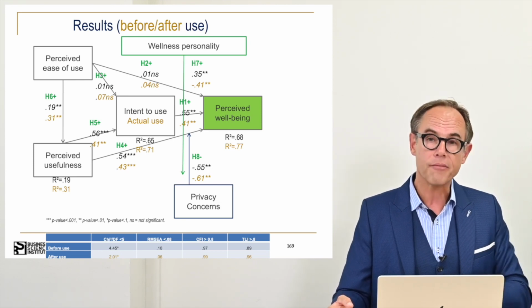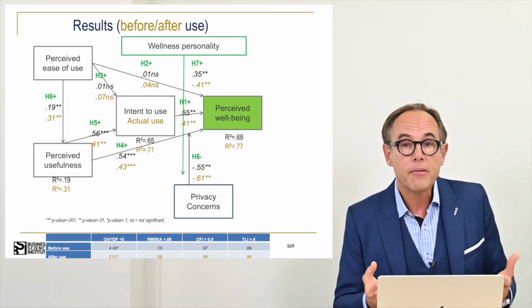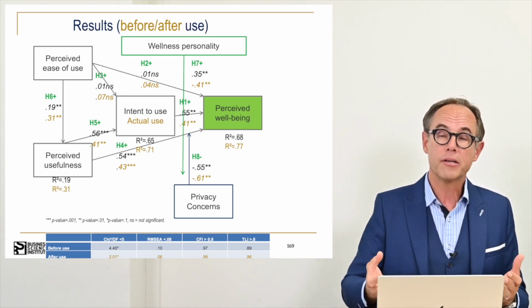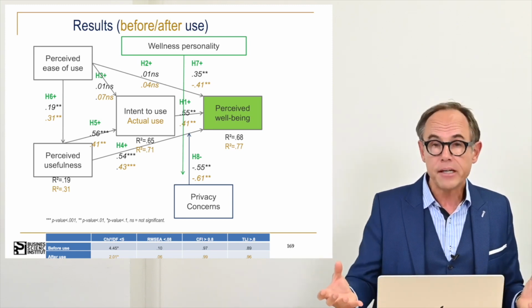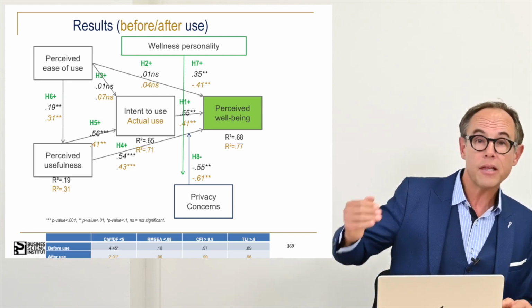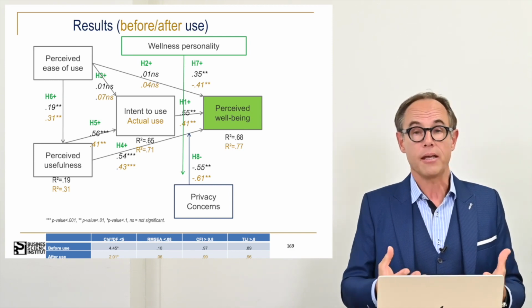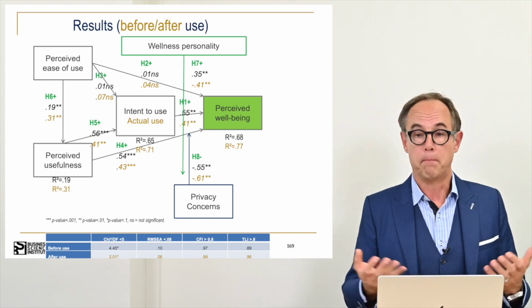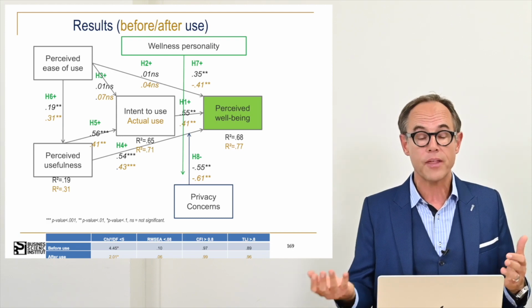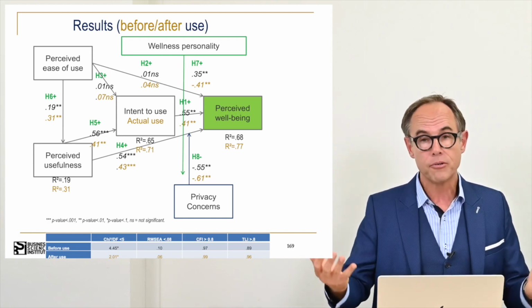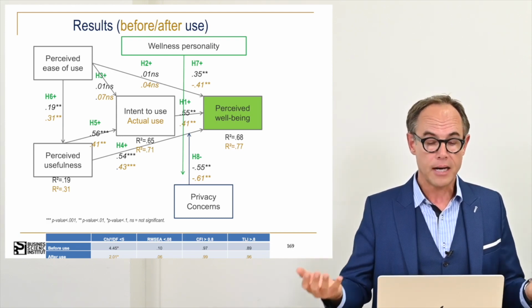So there's a decrease of this indicator, showing again the importance of doing longitudinal studies where users really experience the technology, because this enables them to see if the technology is bringing more benefits than costs. Here in this case, it does not seem to bring really benefits to them after usage.